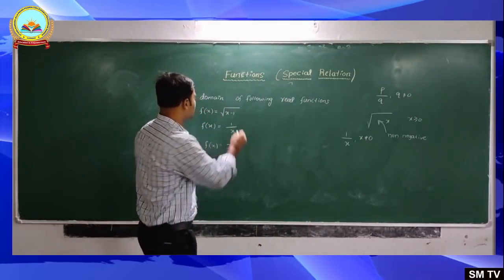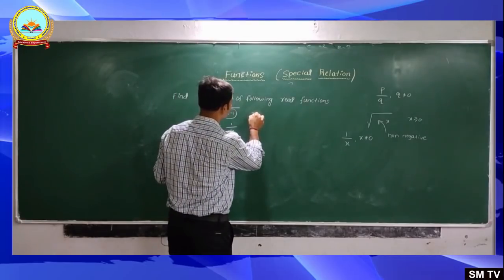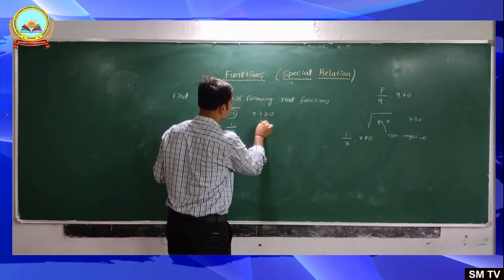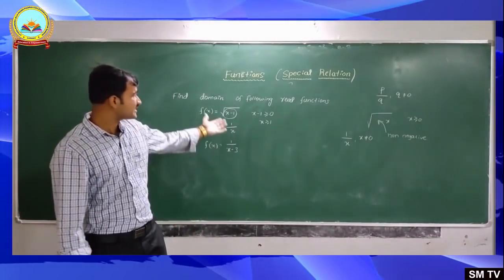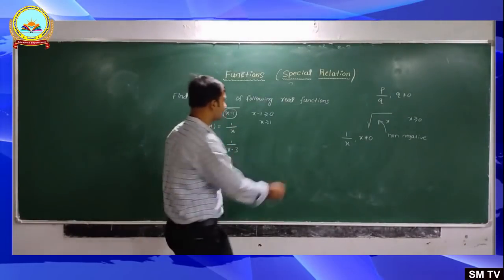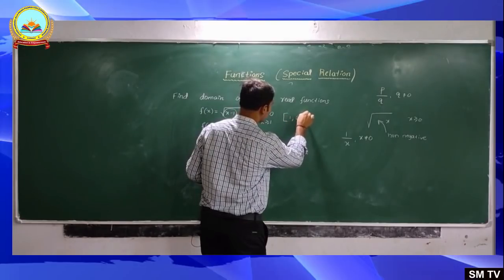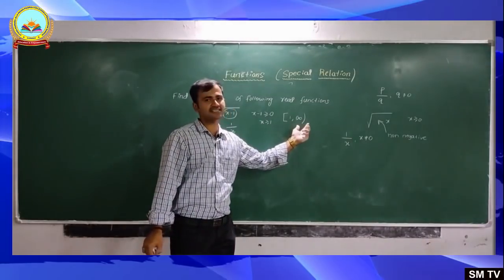If you have a square root of some expression, that must be greater than or equal to 0. So x minus 1 greater than or equal to 0 means x greater than or equal to 1. Since it is a real function, x greater than or equal to 1 means the closed interval 1 to infinity. Infinity should always be considered as an open interval.